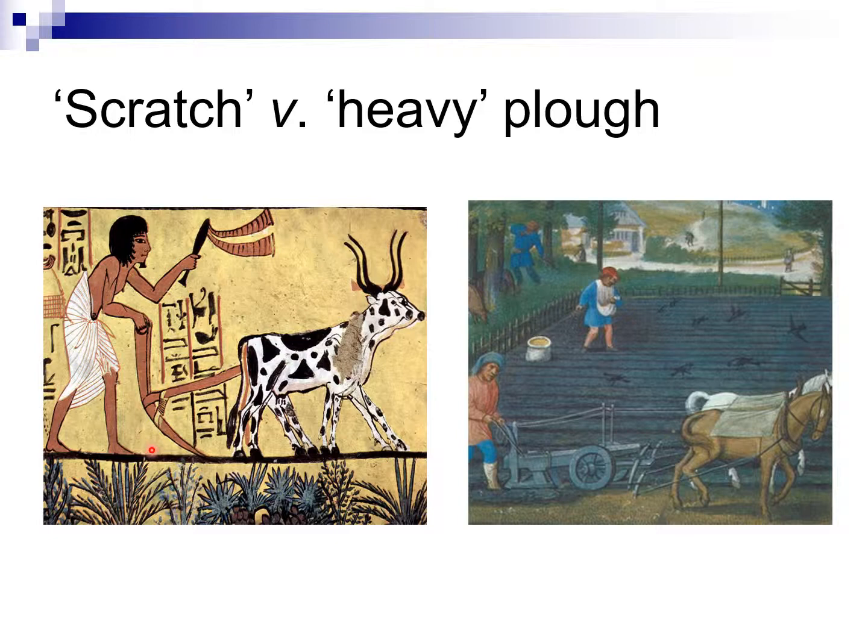The problem with the scratch plough is twofold. Number one, it only ever disturbs the top couple of inches of soil, and if you're not constantly replenishing the nutrients in the top couple of inches, then you quickly exhaust the soil.